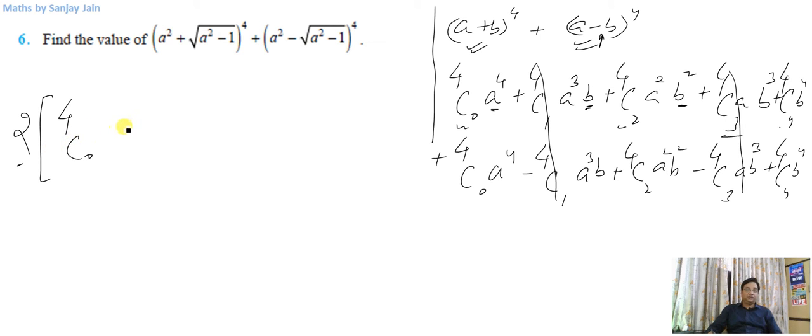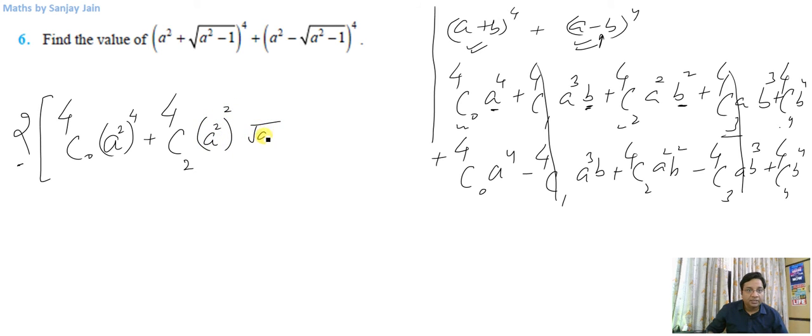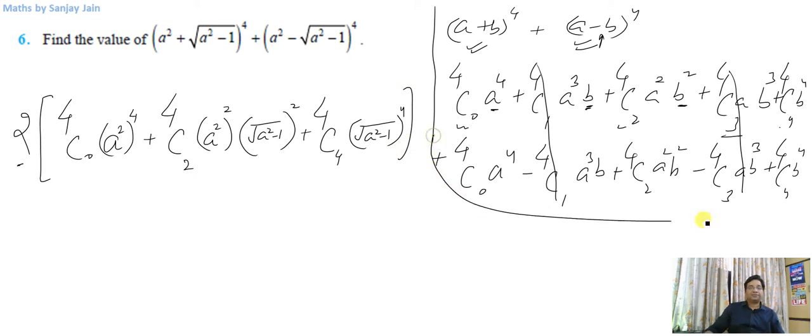So 4C0 will be (a^2)^4, plus 4C2 a^2 times (√(a^2 − 1))^2, right? And the last term will be 4C4 b^4, that is (√(a^2 − 1))^4. This will be the expansion.